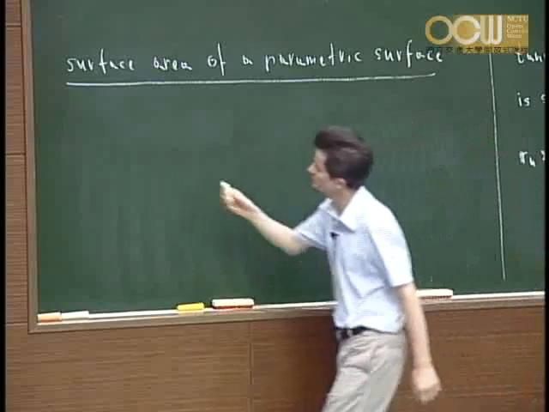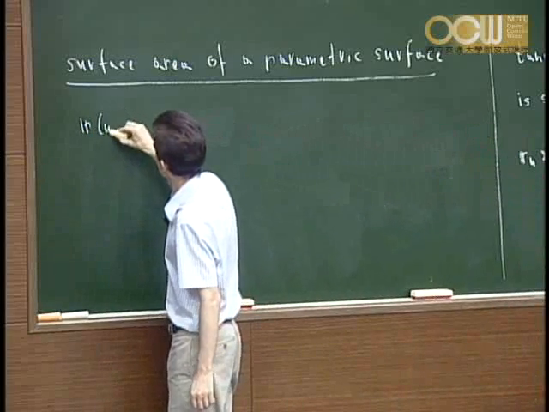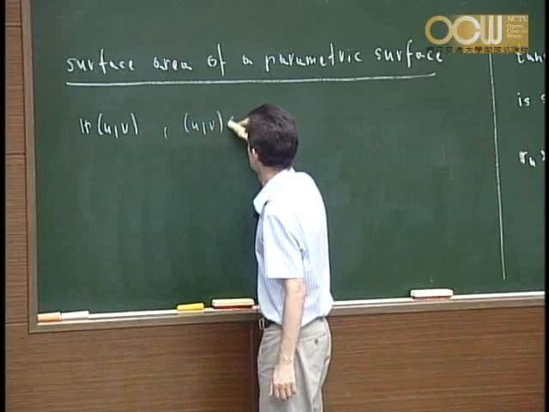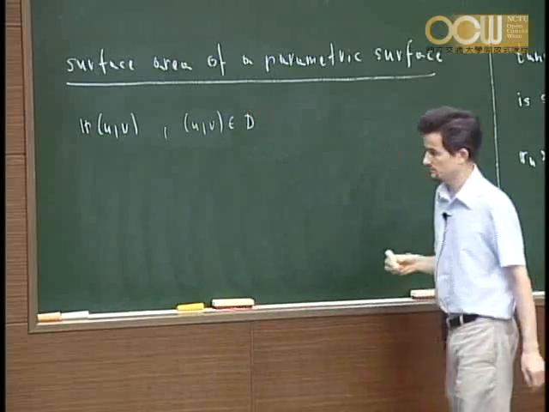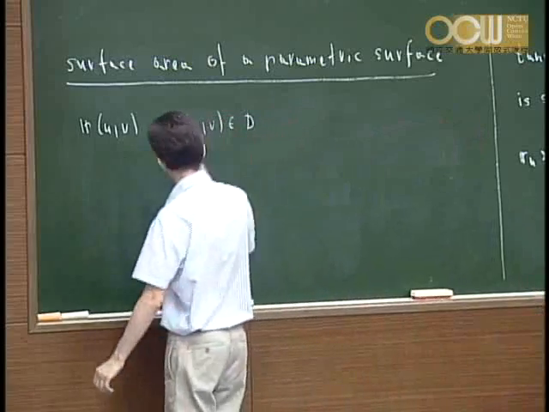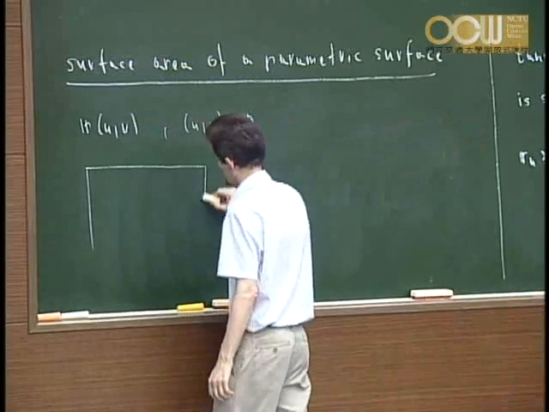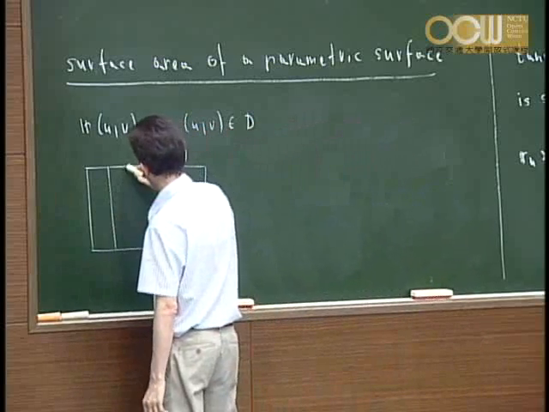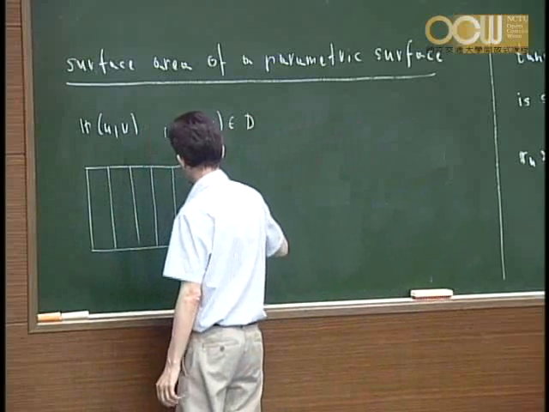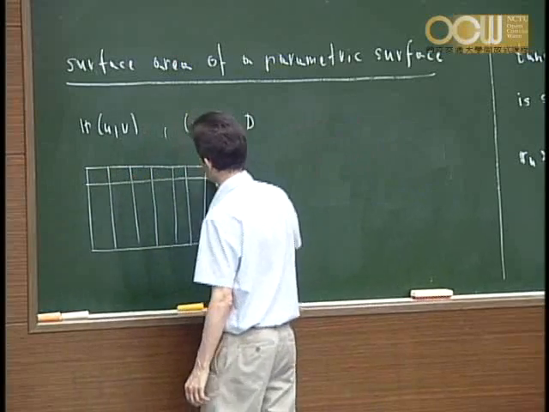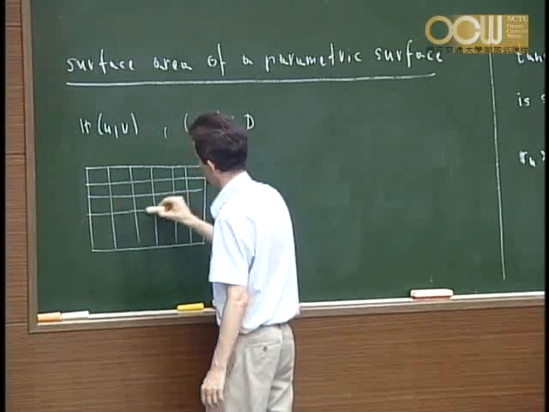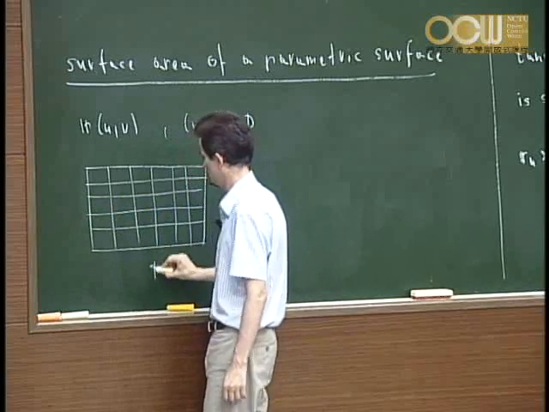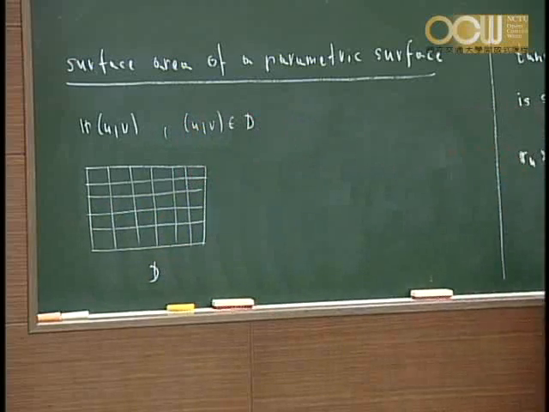So we have a parametric surface, with (u, v) in some domain, and for simplicity we assume that the domain is just a rectangle. This is the same idea which we have seen before. We divide the domain D into subdomains.